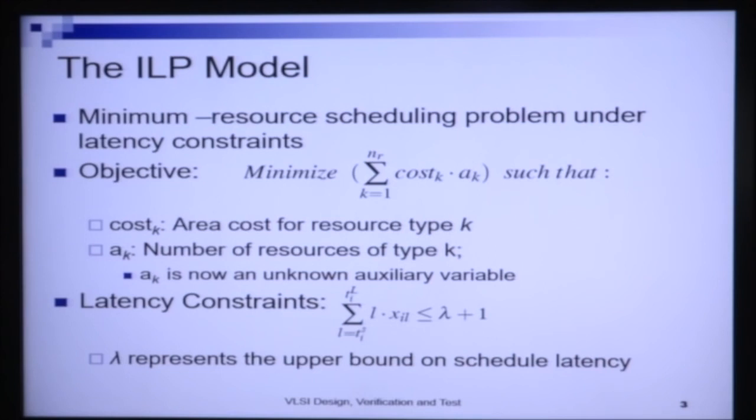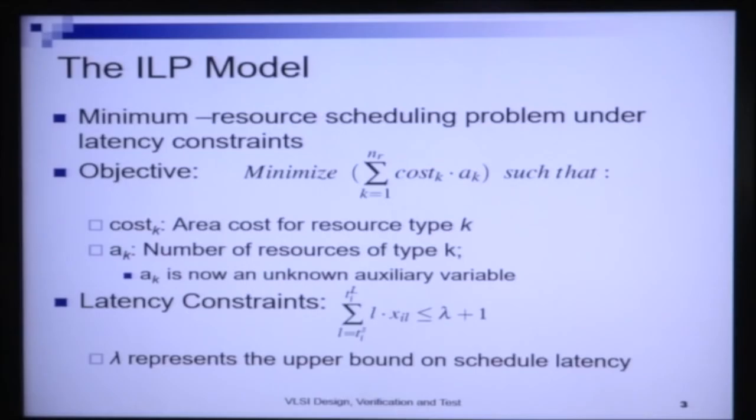In the previous problem, we also had an upper bound lambda, but we wanted to minimize the time within which to schedule all operations given the number and types of resources. Here we also have a time constraint lambda, but we want to minimize the resources, so that within this lambda I can schedule all my operations.